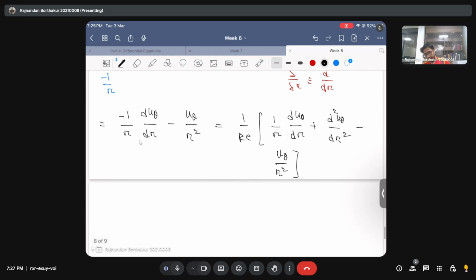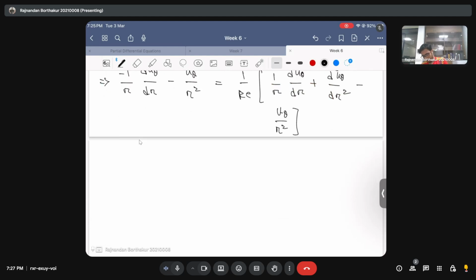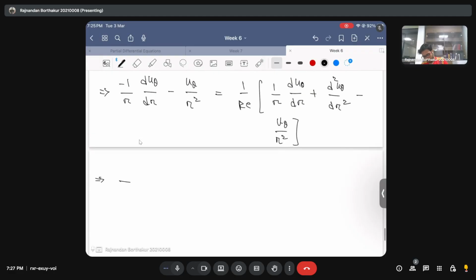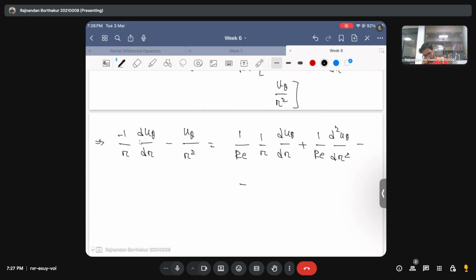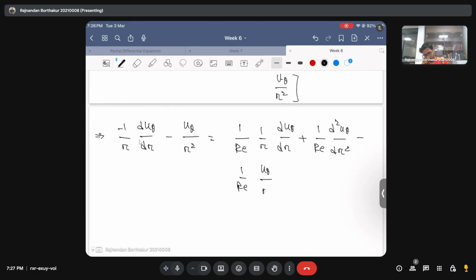Okay, then what I'll do is I'll take in the Reynolds number in each term, which means I will have minus of 1 by r du theta by dr minus u theta by r squared. And then I'll have 1 by Re times 1 by r du theta by dr plus 1 by Re times d2 u theta by dr2, okay, minus 1 upon Re times u theta by r squared, okay?